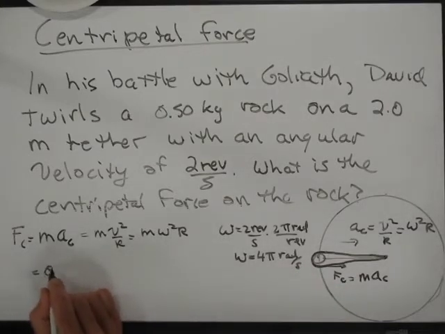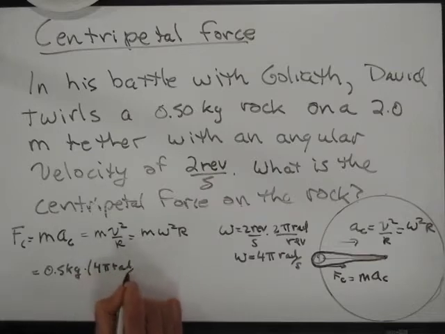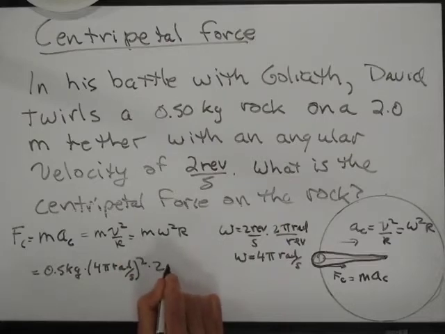And now I can evaluate this. I can say, well, the mass is 0.5 kilograms times 4 pi radians per second squared times 2 meters.